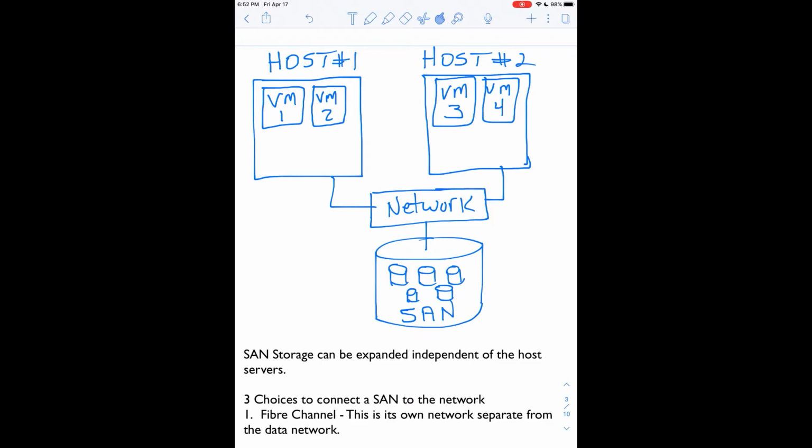This is your disk space here. And well, this is all virtualized up here. So we have some virtualization taking place in these two areas. Again, 4 VMs. They share the network. The SAN shares the disk space.